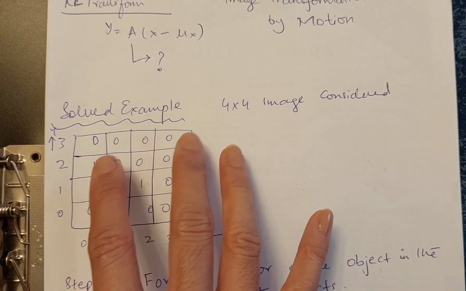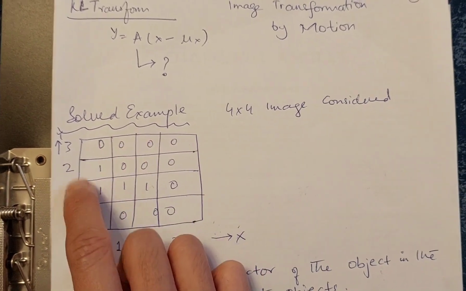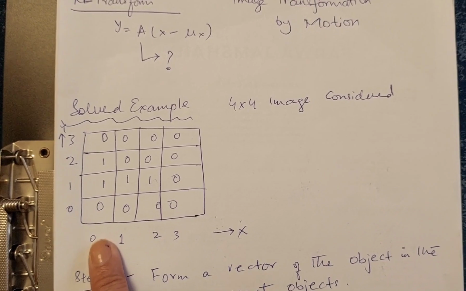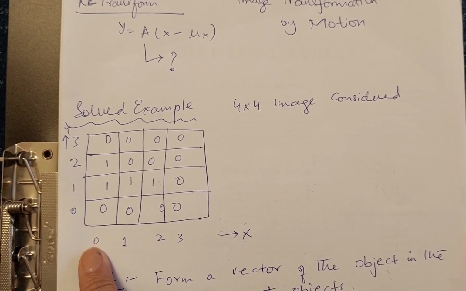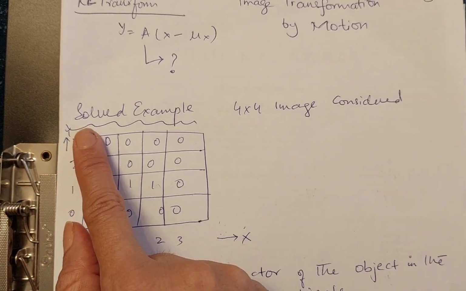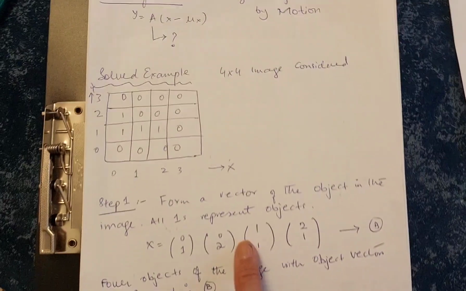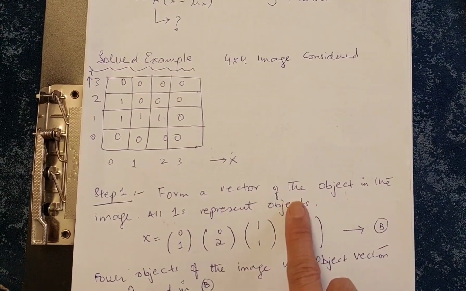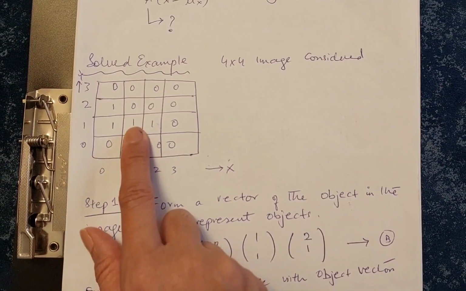So I have represented an image in the form of zeros and ones. If you mark coordinates on the x-axis and on the y-axis, we can first form a vector of the object in the image. So we can form vectors, motion vectors.